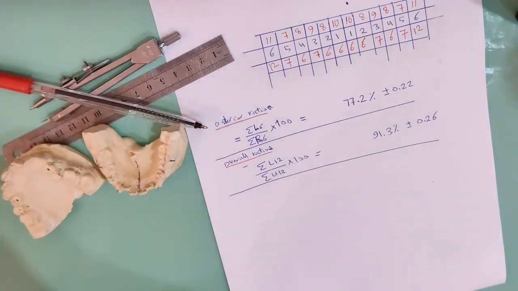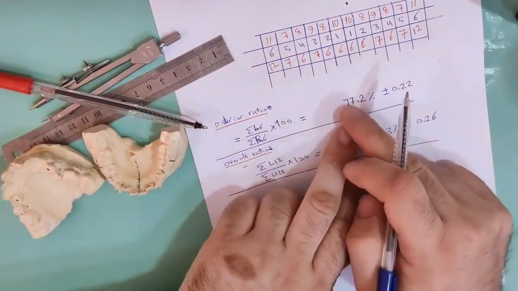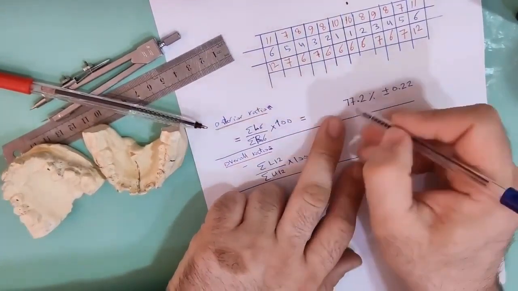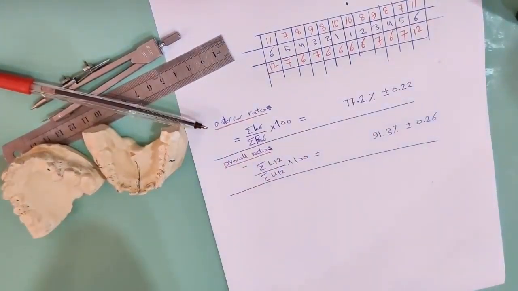If these numbers are lower than these values, the problem is in the maxilla.